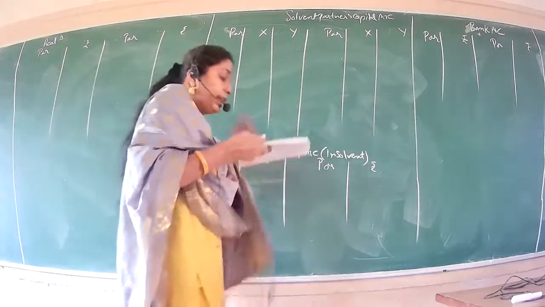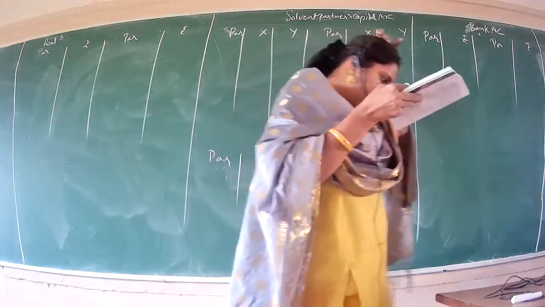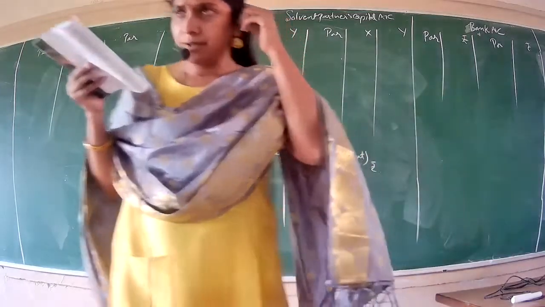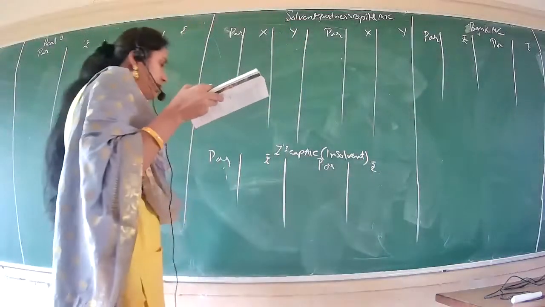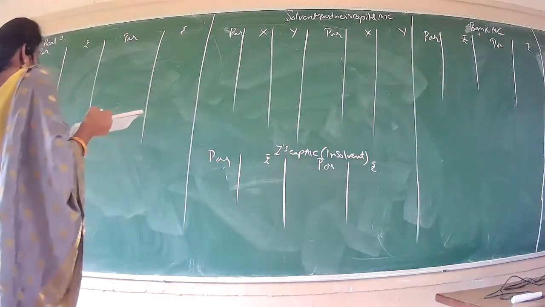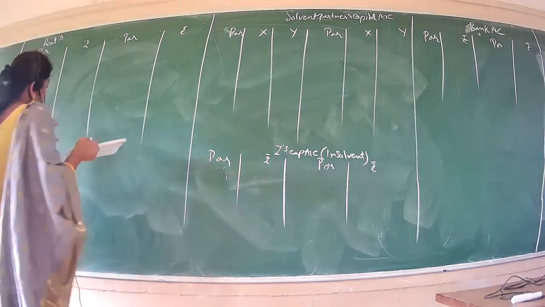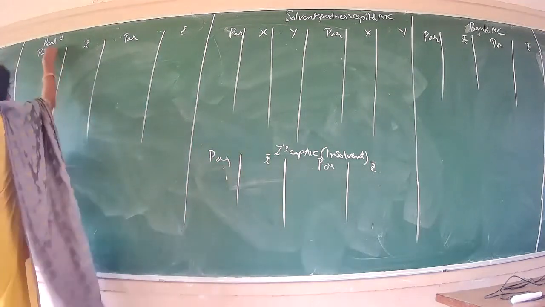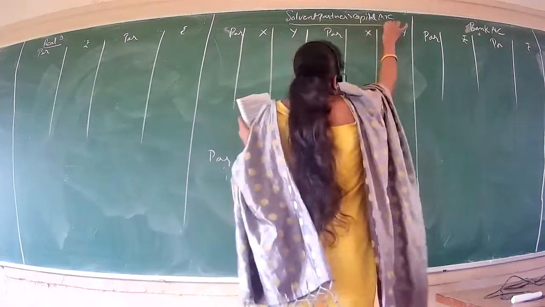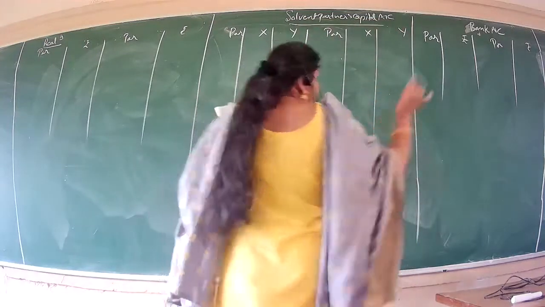Now, kindly go back to your pages where you have written the steps for closing the books of account and dissolution of firm in case of insolvency of partners. If you remember, I told you we need to open mainly three accounts: realization, solvent partners, insolvent partner, and bank or cash.